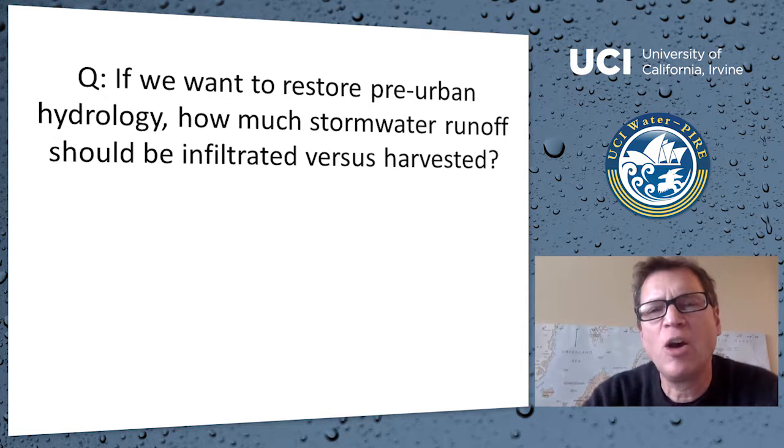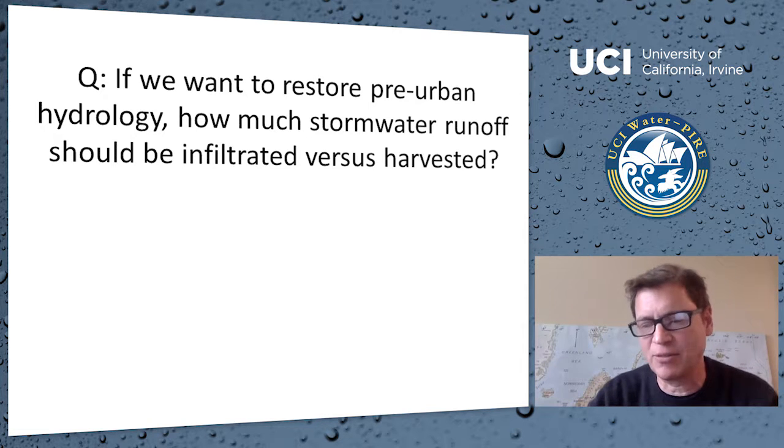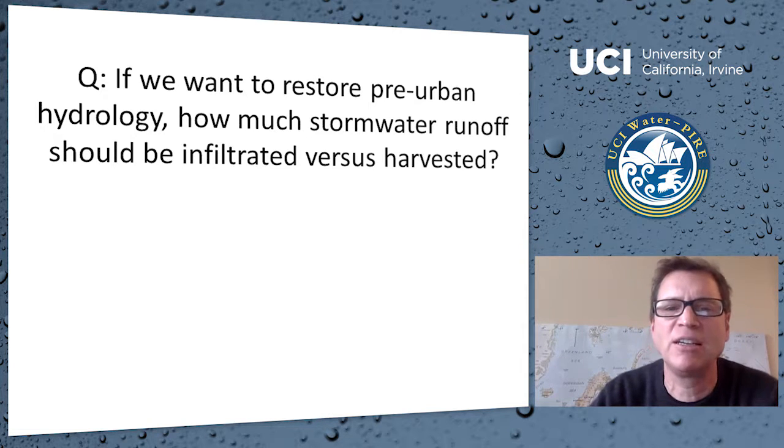So if we want to restore pre-urban hydrology, the next question is how much of the stormwater runoff should be infiltrated versus harvested? We know that we want to restore these pre-urban conditions, but what is the right mix of the two types of LID?